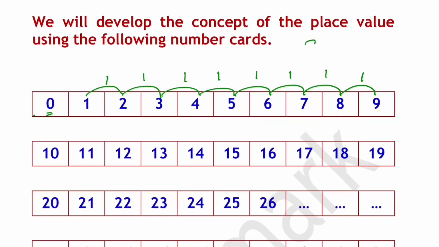When you keep 0 in front of any other digit, the value of the digit or the name of the digit does not change. Those things I have mentioned. And further, I mentioned that when you keep 0 after a particular digit, then we have a different name for that number. In this case, it is 10.